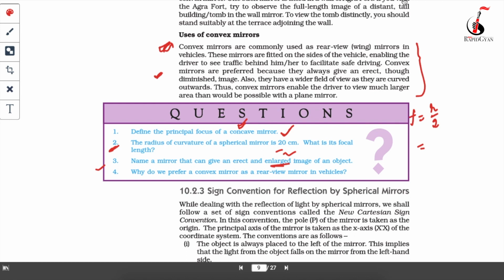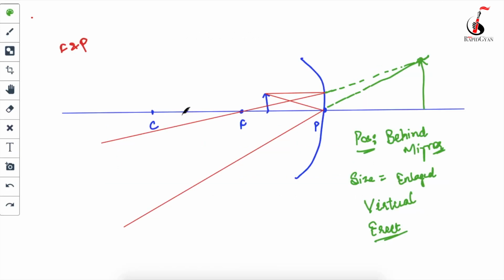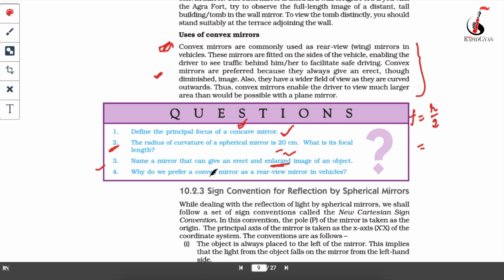So remember the last case of the concave mirror, when the position of the object is between F and P, it gives you the enlarged and erect image. So your answer is concave mirror. If you want you can write the reasoning also.